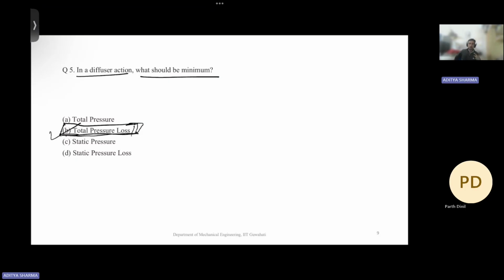Like I work on shock tube, so if the tube has a lot of friction, in that case, the Mach number I get in experiments, its speed will be less than the theoretical speed. So it is from that perspective. Question number 5, diffuser action.